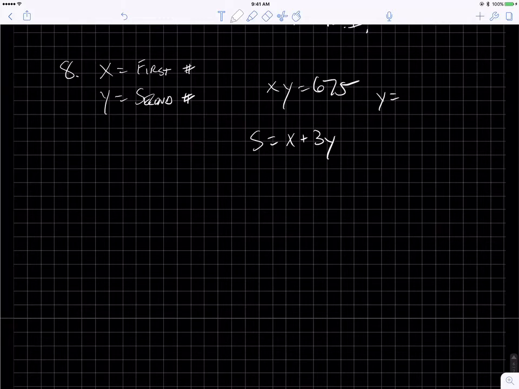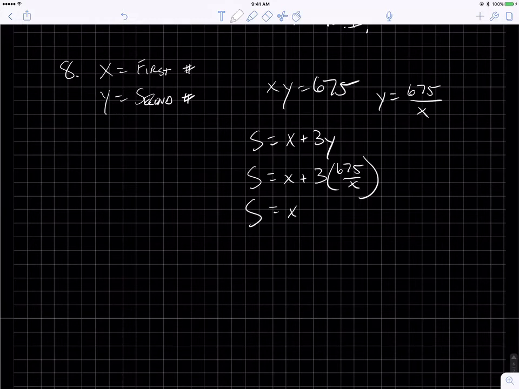So I have to solve my secondary equation for one variable and plug it into my primary. Oh, the sum is the primary because that's the thing I'm trying to minimize. So I make my substitution. I'm going to simplify.